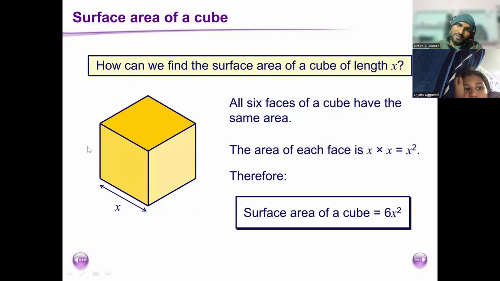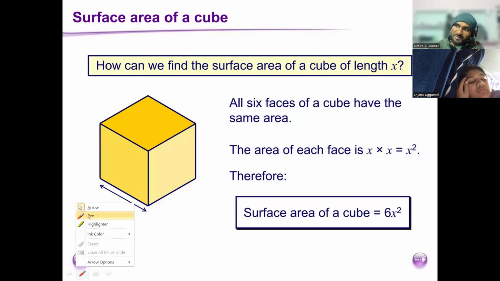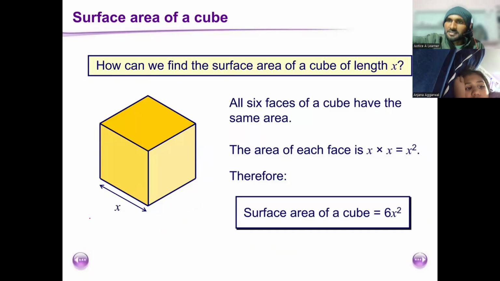If one side is 1, all are 1. If one side is 2, all are 2. Are you getting that? No? Okay, let me write it. Once this concept is clear, things will be easier in the next classes. Let me make it clear.